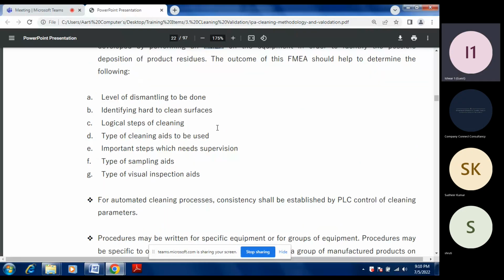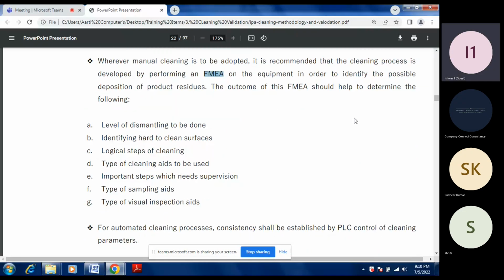Based on the outcomes of the failure mode effects analysis, we have to determine the following things: the level of dismantling to be done, identify hazards, cleaning surface, logical steps for cleaning, type of cleaning aids to be used, important steps which need supervision, type of sampling aids, and type of visual inspection aids.